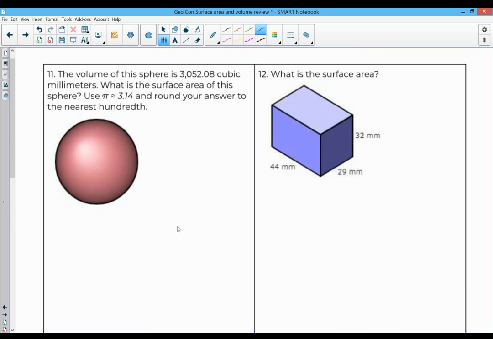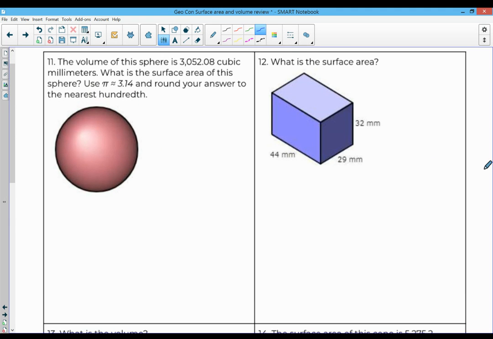Okay, 4 more. The volume in this sphere is astronomical. The volume in this sphere is, so here's your formula, 4/3 pi r cubed. All right, so we know the volume is 3,050.